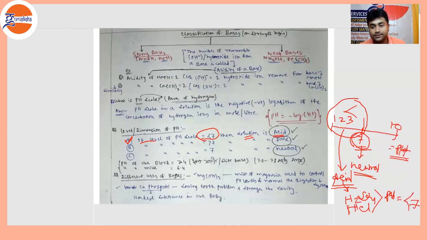If 7 is the neutral portion of the pH scale, then values less than 7, like 1, 2, 3, 4, 5, 6, or any decimal figure, are all defined as acid.